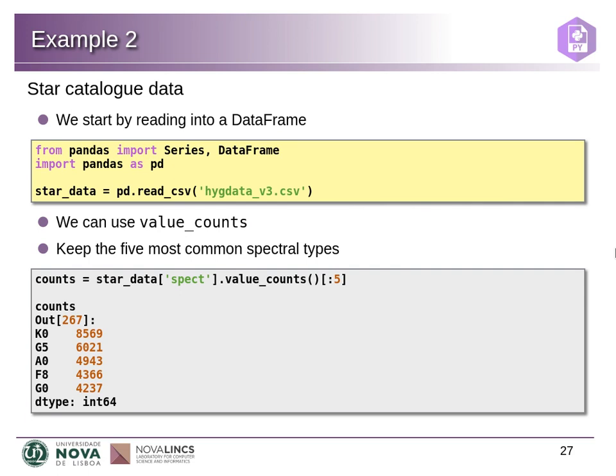And since this is sorted by the frequency, the first 5 will be the 5 most common spectral types. So from the table we get the spect column, we use value counts on that series, and then we extract the first 5 from there. So this will be a series with the 5 most common spectral types.